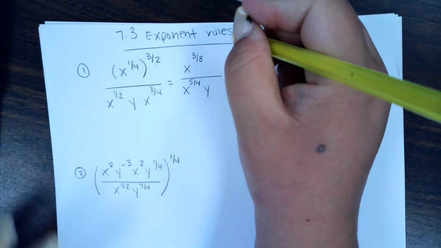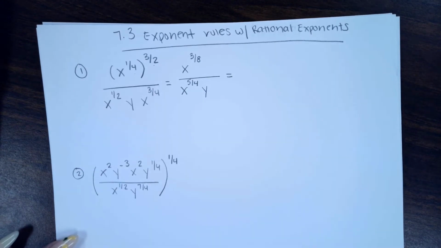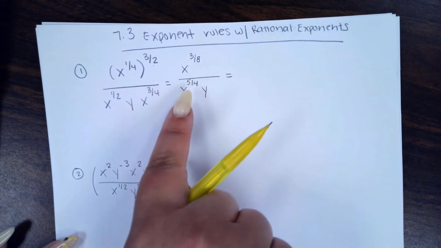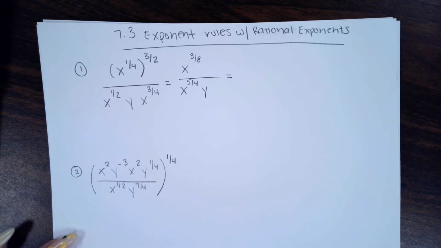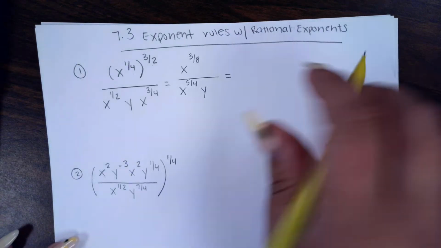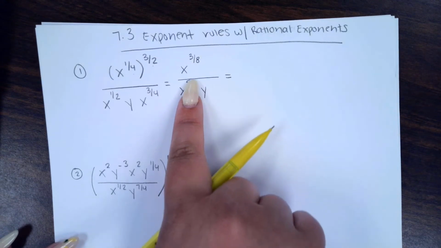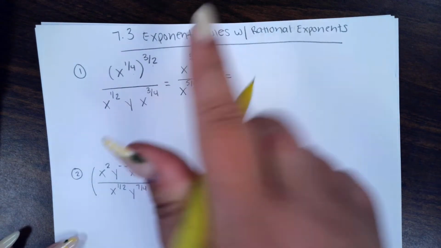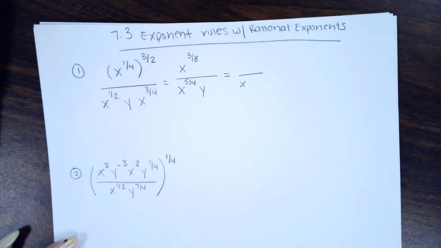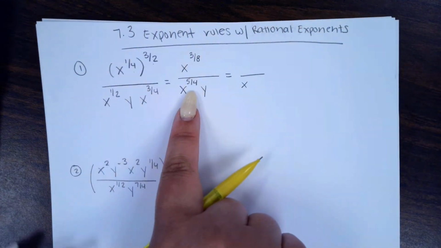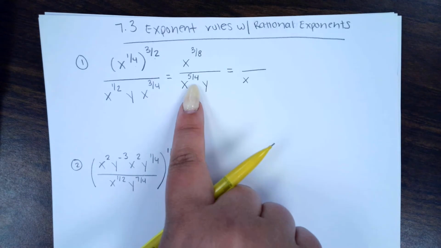Next, I have x's in the top and the bottom. So what I'm going to do is, I know 5/4 is larger than 3/8. So that means, however many x's I have left, it's going to be in the bottom, because that's where there's more x's.